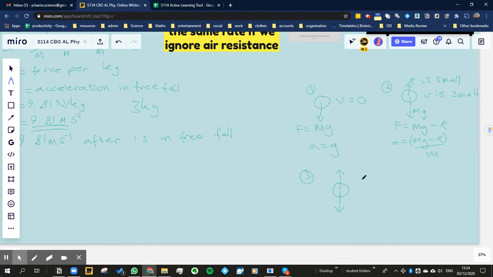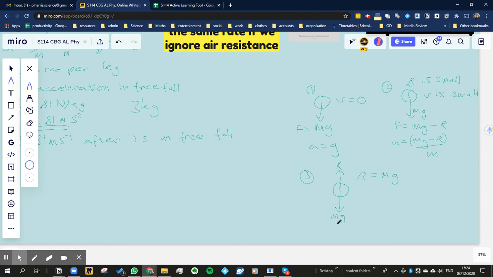I'm going to write weight as mg from now on. So that's R, and that's weight.